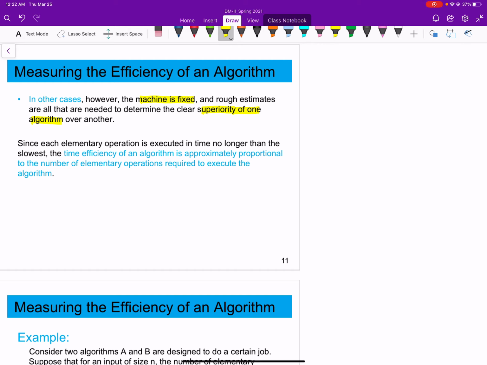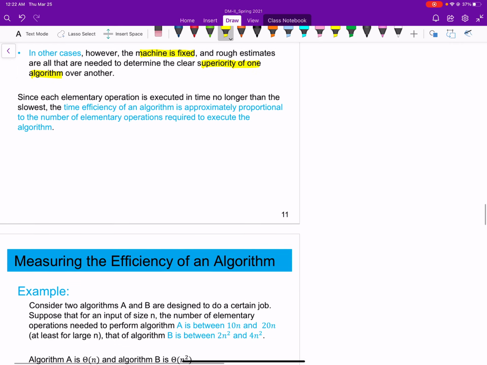Let's say 1 microsecond. That's an assumption. We assume that every machine needs 1 microsecond to compute one elementary operation. So the efficiency of the algorithm is given by how many elementary operations each algorithm takes. This is explained in that slide.